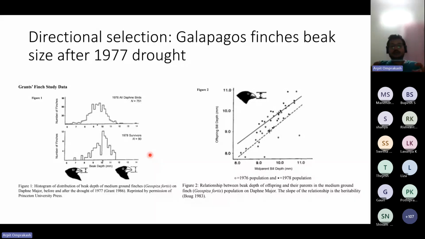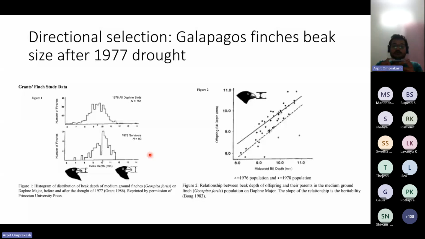But when there was a drought on the island, most of the soft seeds perished and the plants perished. And only the plants which had very hard seeds remained on the island.